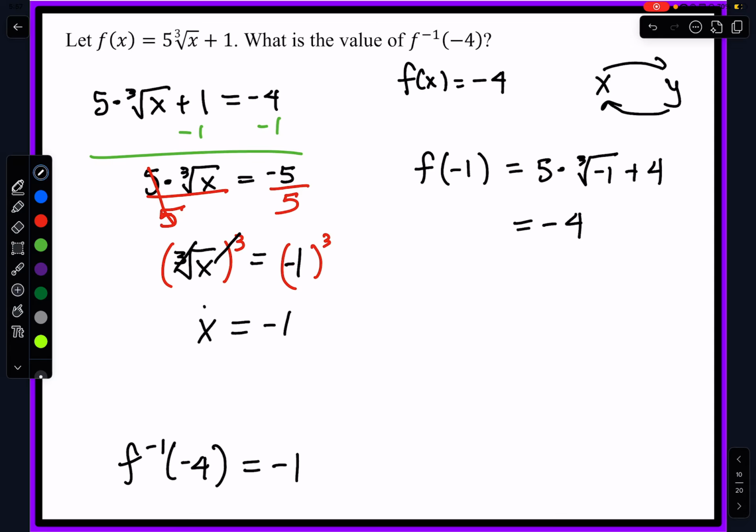I'm not going to do the math, just believe me that it equals -4. This is -1 times 5 is -5 plus 4 is going to be a total of -4.